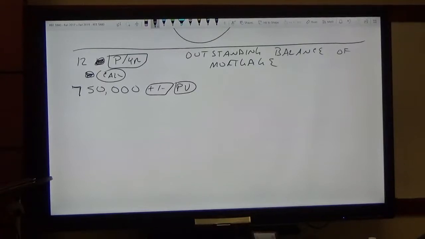What's our interest rate on this mortgage going to be? 3.75. How many years for the amortization period on the mortgage? 30. Okay, 30-year amortization. Those are the key pieces of information that you're going to have to provide.